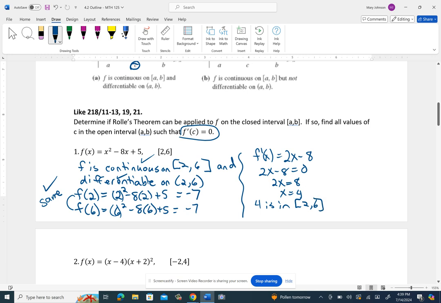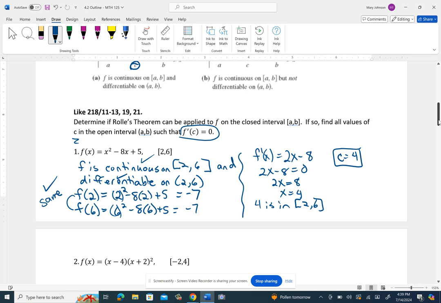So 4 is that C value that they're talking about in Rolle's theorem. So C equals 4. Okay. So your job on this one was to find all the values of C in the open interval from 2 to 6 that make the value of the first derivative at that spot equal to 0.